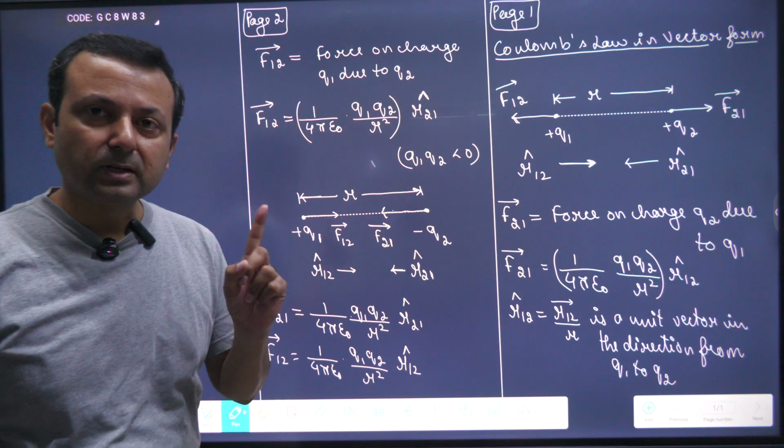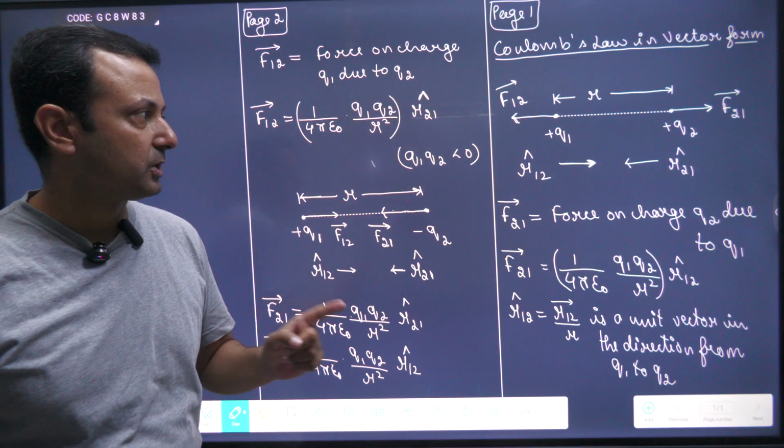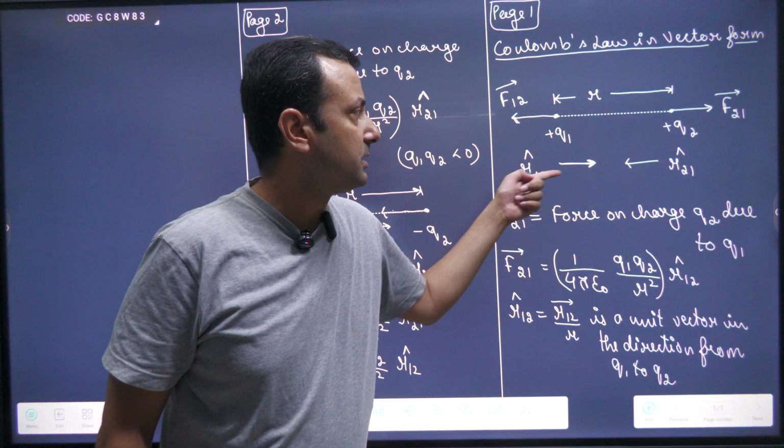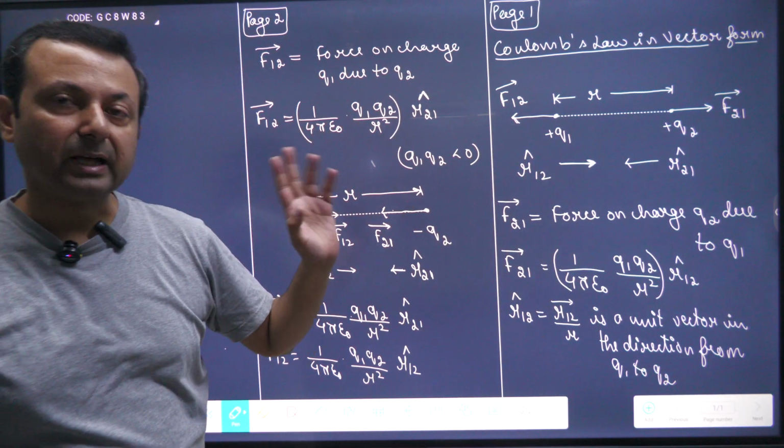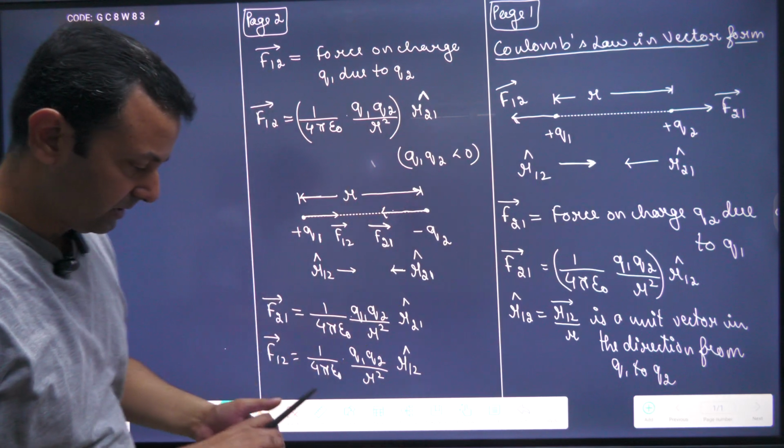What is the relation between those directions? R12 cap is in this direction and R21 cap is in this direction. So whenever the directions are opposite, what do we write?